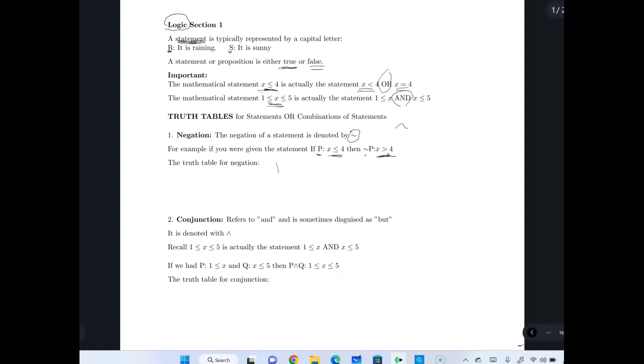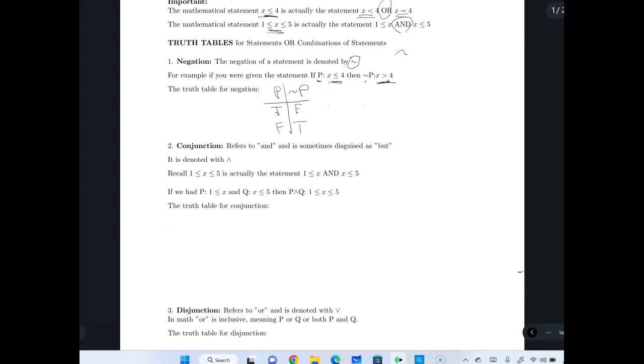So we're going to set up a table with P, and the options for P are true or false. Then we're going to set up a column for not P, and so if it was true, then we're going to make it false, and if it was false, we're going to make it true. Okay, that's negation. So a statement is either true or false, and then we take the negation of it, changes it from true to false or from false to true.